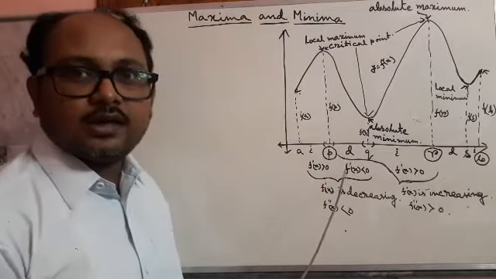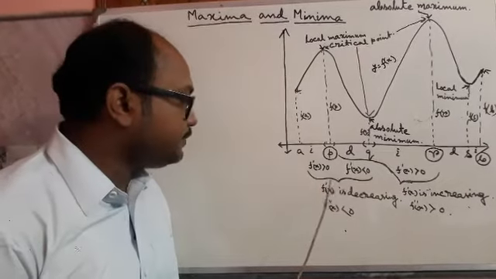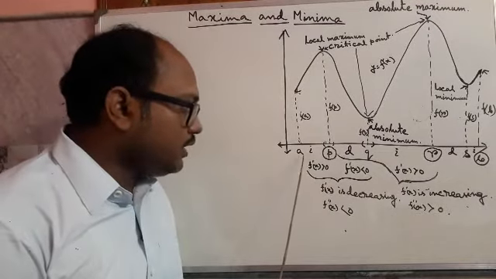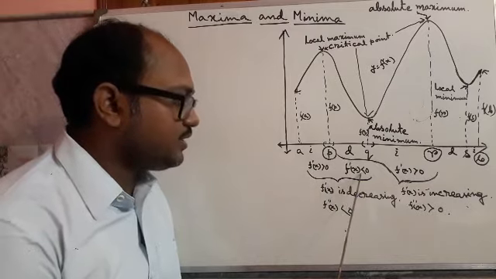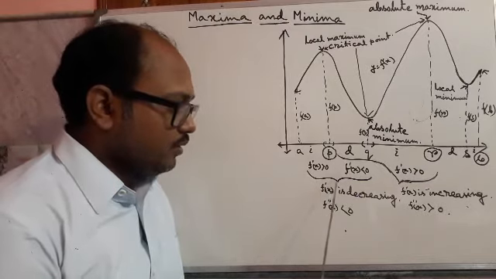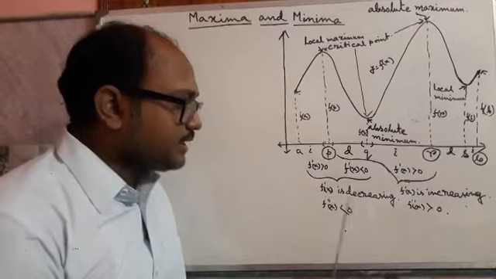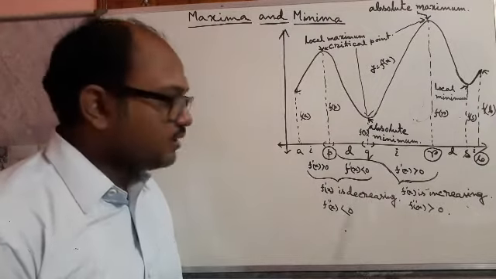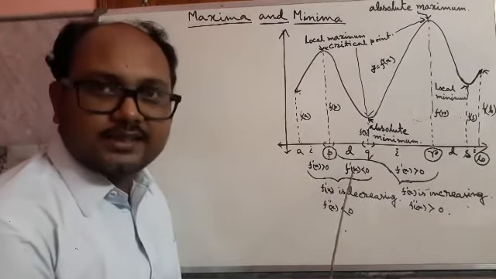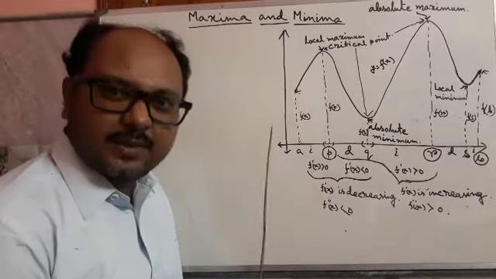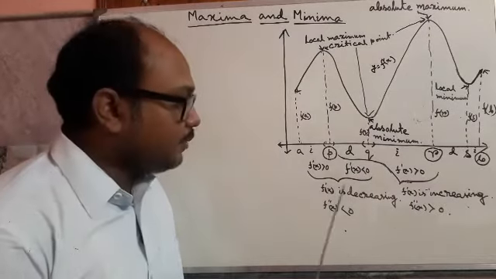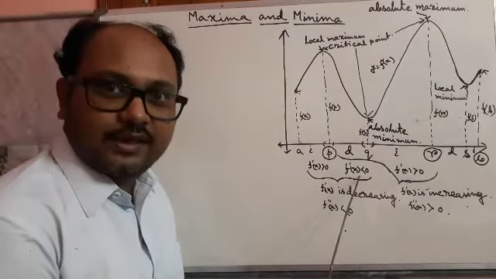Already we learned this in the increasing decreasing chapter. So in this portion f dash x is greater than 0 and in this portion f dash x is less than 0. Ultimately, the values of f dash x are decreasing, from positive it got to negative, that means the values are decreasing, by decreasing it got to negative.